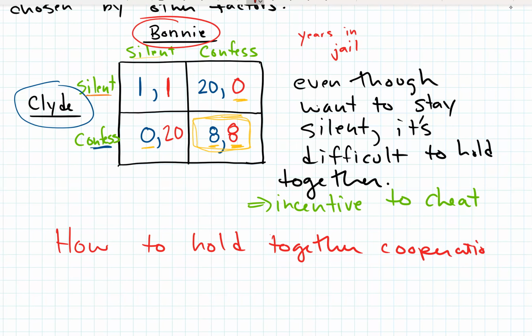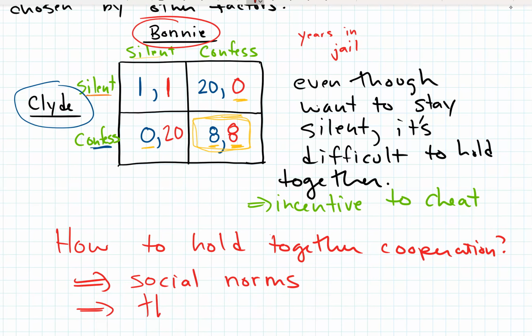There are two things that they normally do. One is they might have social norms. Amongst the people involved in these kinds of crimes, some norms might develop that confessing and ratting on other people is a very serious transgression of social norms.